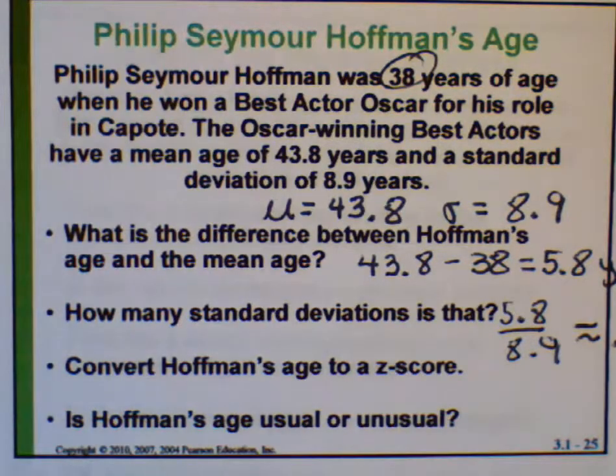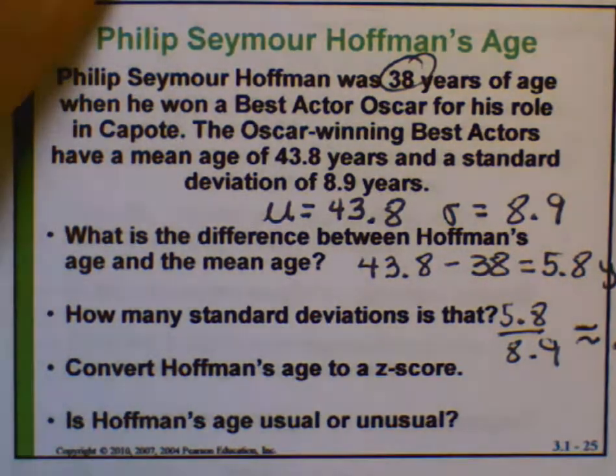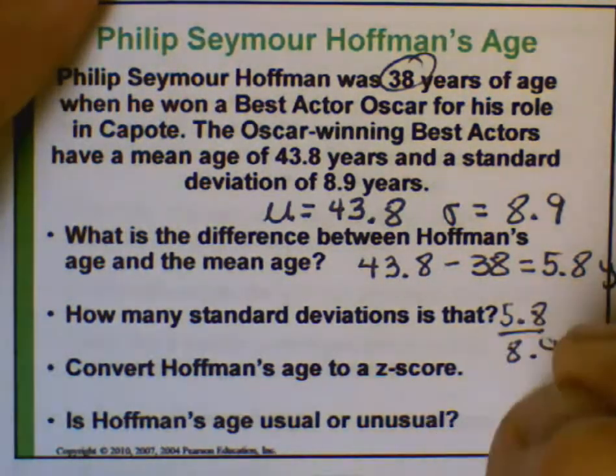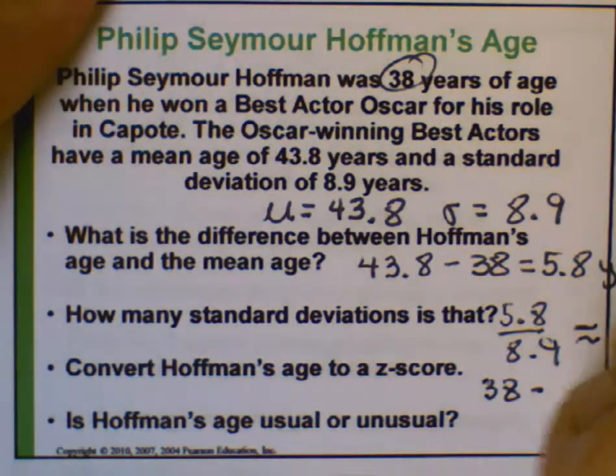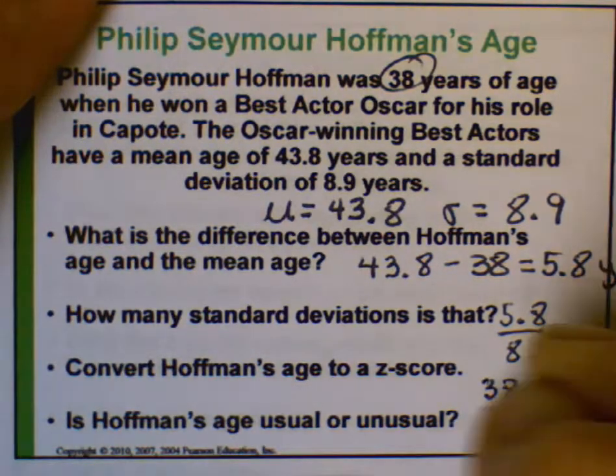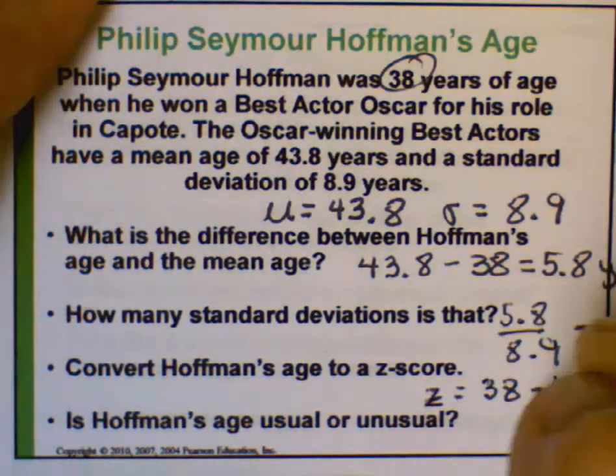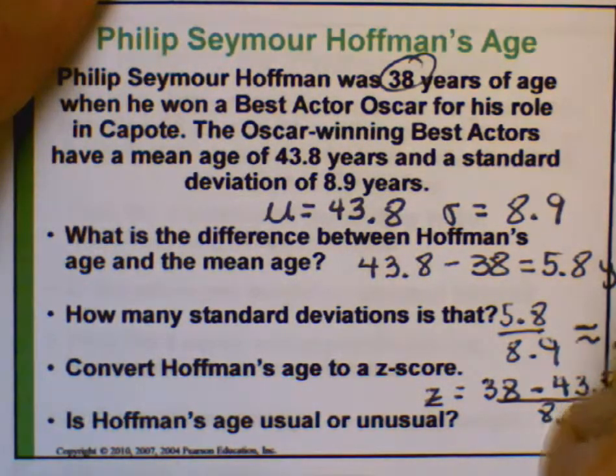The formula for that z-score is his age, 38, minus the mean age, 43.8, divided by the size of one standard deviation.